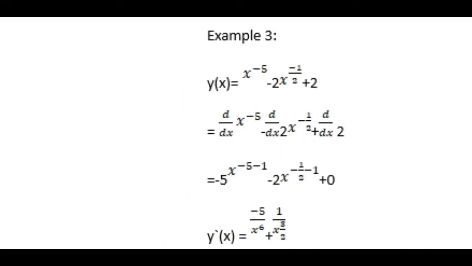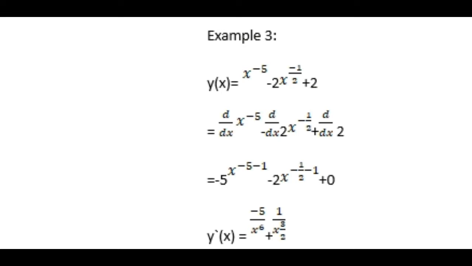So now, let's proceed to the last example, which is y of x equals 1 over x raised to the power of 5 minus 2 over square root of x plus 2. So now, we rewrite it into a polynomial form, which is x raised to the power of negative 5 minus 2x raised to the power of negative 1/2 plus 2.